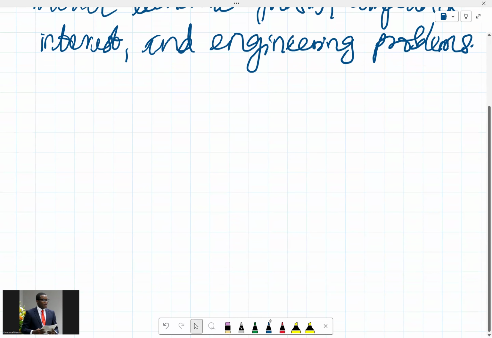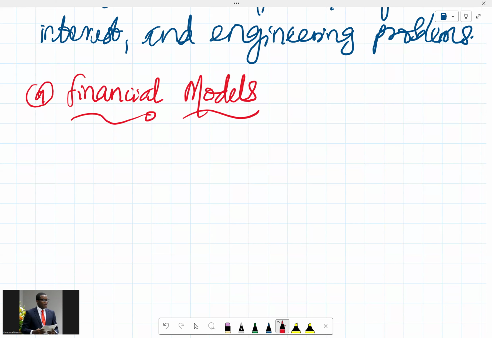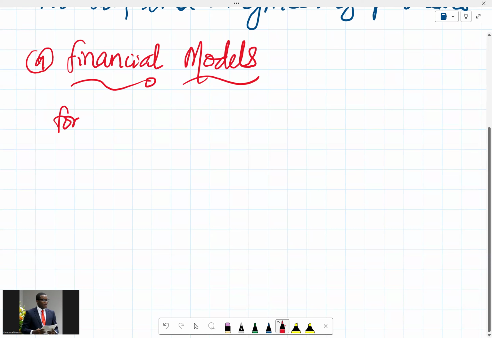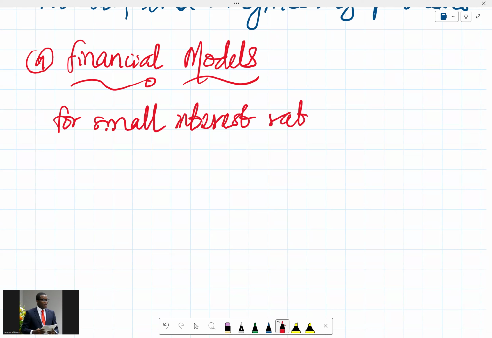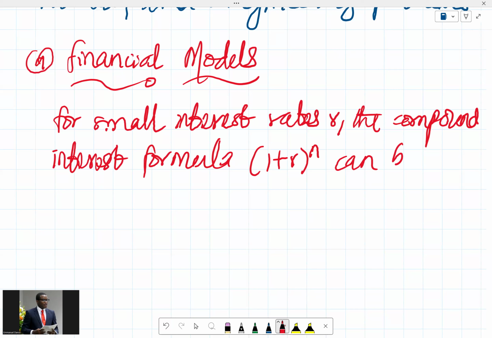So let's start with financial models. Imagine that for small interest rates, the compound interest formula, which is 1 plus r raised to power n, can be approximated.